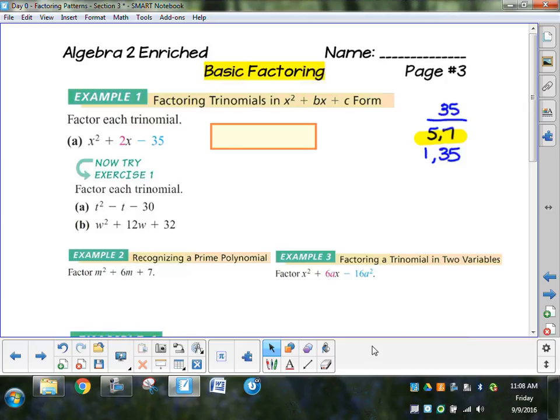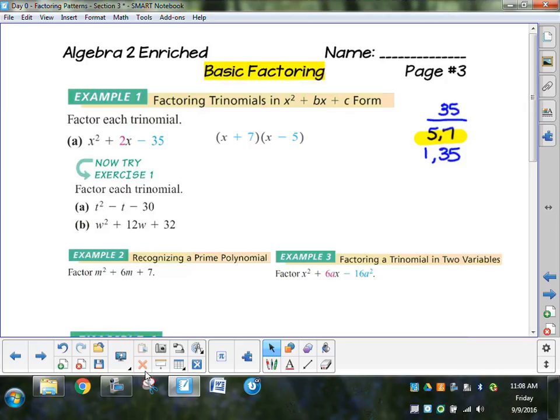How can I arrange it such that the outside and inside will give me a positive 2, and then the last values, when I FOIL them out, give me a negative 35? You can tell me what numbers I would have to have. So let's go through, and it's going to be a positive 7 and a negative 5.